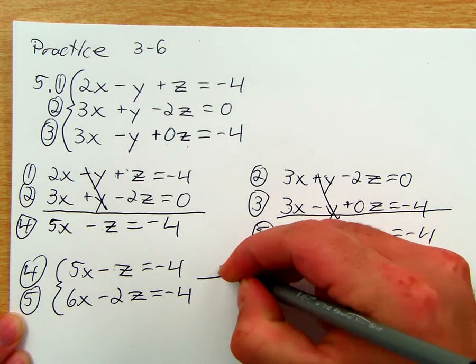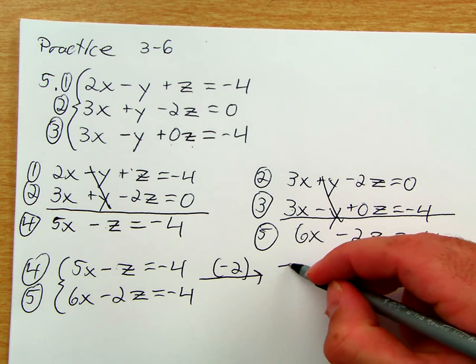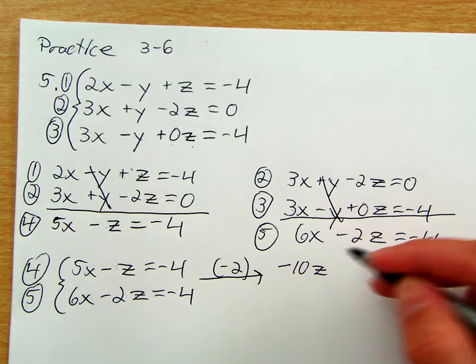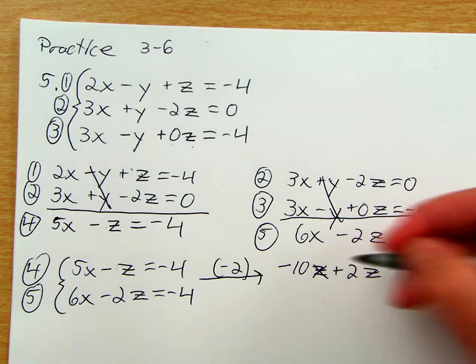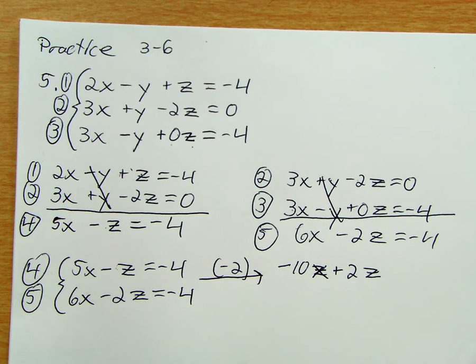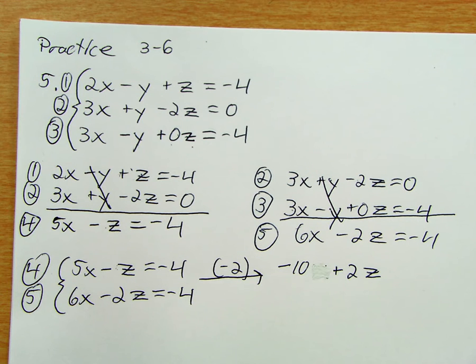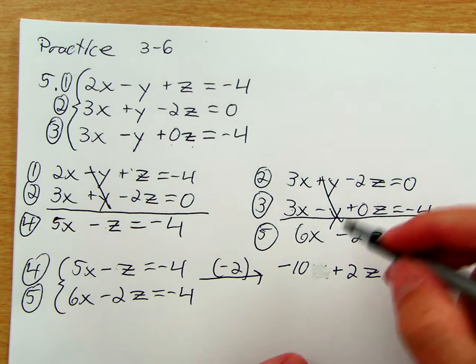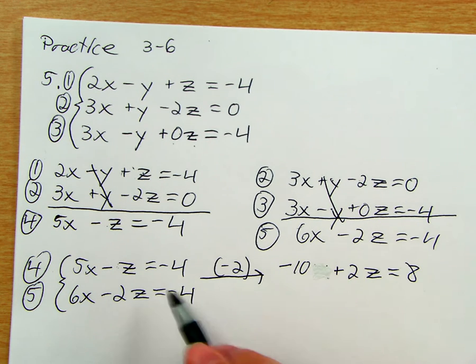So again, we're going to multiply the first equation by negative 2 to get negative 10x plus 2z. Sorry, x. Make that an x right there. Equals positive 8 because you multiplied by negative 2.